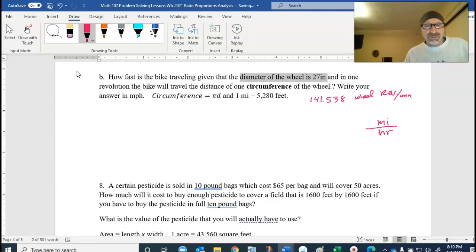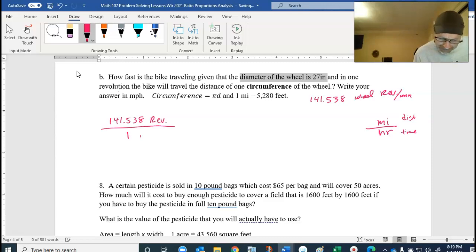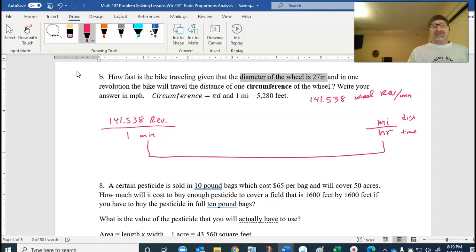So that means we want, notice this is the distance in the numerator and a time in the denominator. And what do we start out with? We start out with 141.538. Now, if I think of that as revolutions per minute, then you have revolutions over 1 minute, and that has at least time in the denominator, so I know I'm kind of on the right track there.